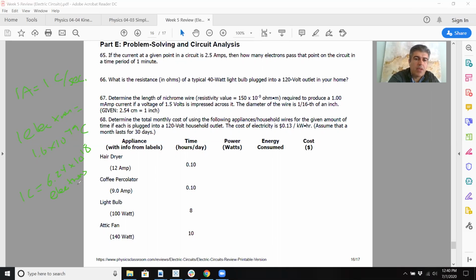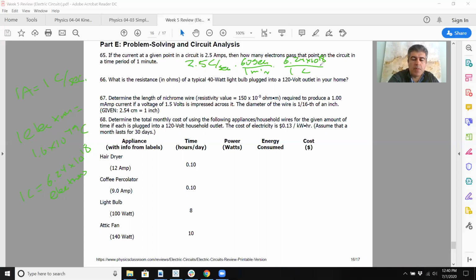So we have 2.5 amps. That's 2.5 coulombs per second, and it's for 1 minute. Remember, we have 60 seconds in a minute. That's easy. And 1 coulomb is 6.24 times 10 to the 18th electrons.